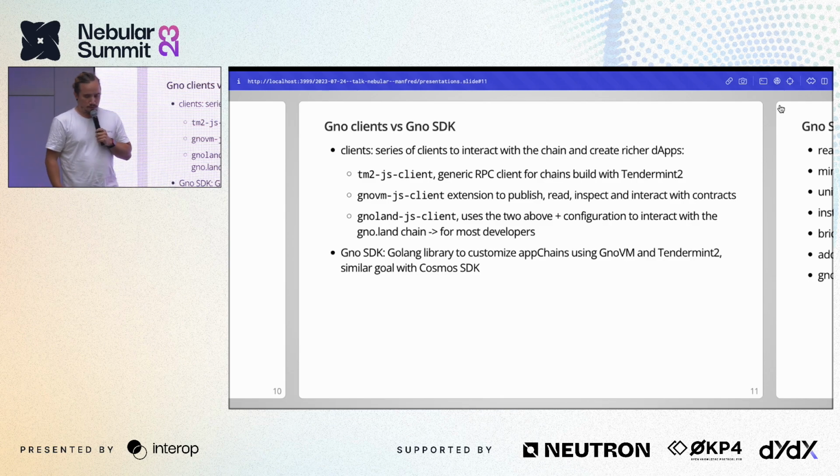So we are building clients and SDKs. When we say Gno SDK, it can be many things, actually. Currently, the goal is to have clients for consuming the chain.